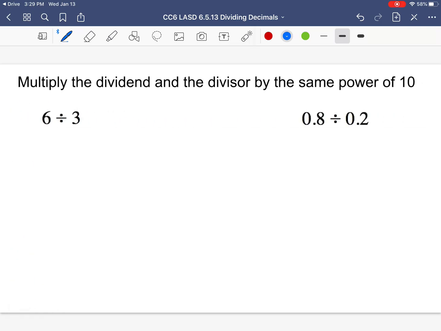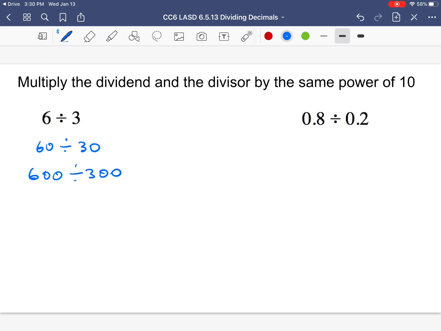We can multiply the dividend and the divisor by the same power of 10. We saw in an earlier lesson that 6 divided by 3 is equivalent to 60 divided by 30, because we multiplied both 6 and 3 by 10, or 600 divided by 300 when we multiplied both by 100. So let's use that to divide 0.8 by 0.2.